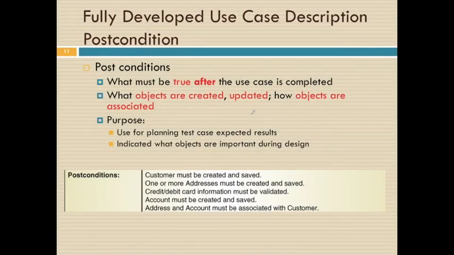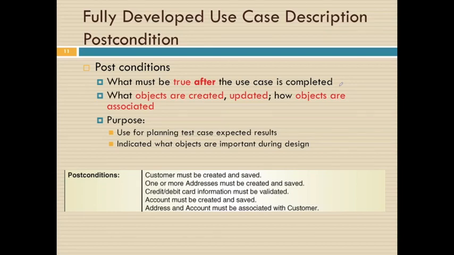Let's look at what is post-condition. Post-condition is what must be true after the use case is completed. So this is the vice versa of the precondition. Meaning that after we run the use case, what will happen?